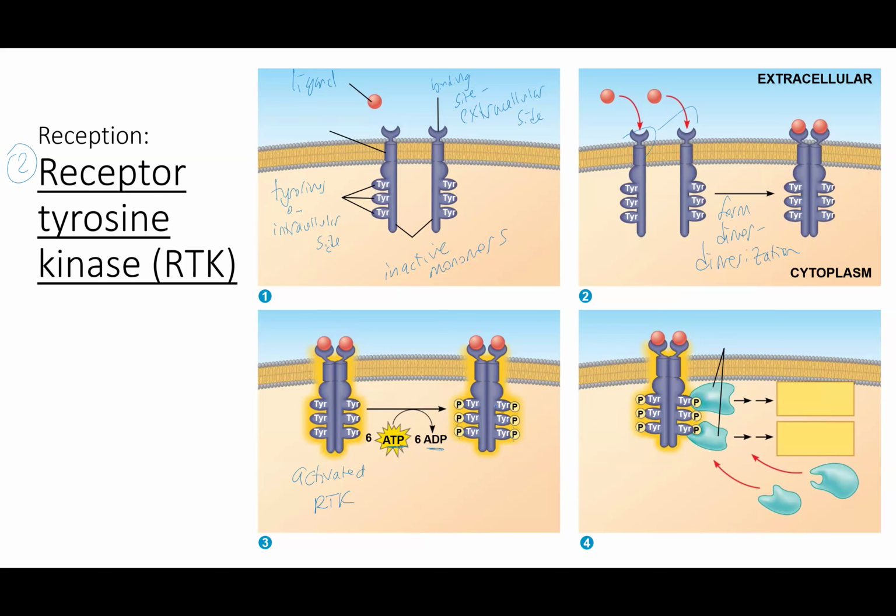It's an amino acid. So these are specific amino acids on these proteins that will phosphorylate. So they're going to have phosphate groups added to them. So now we have a phosphorylated dimer, and it's fully activated.